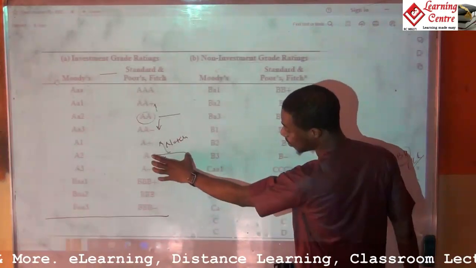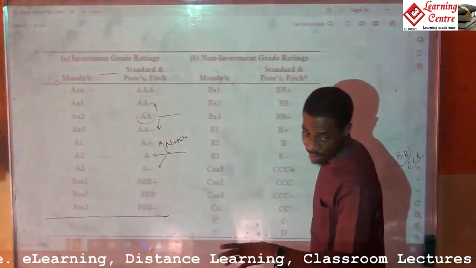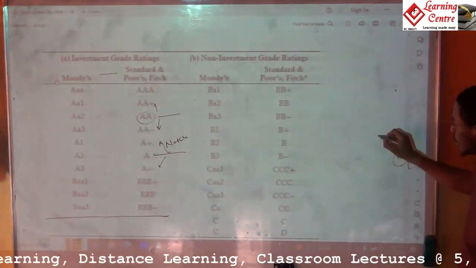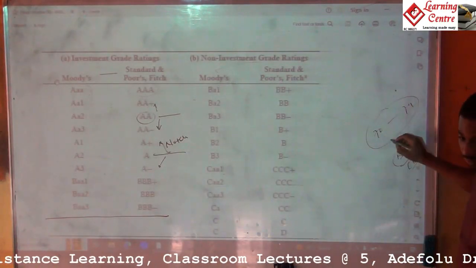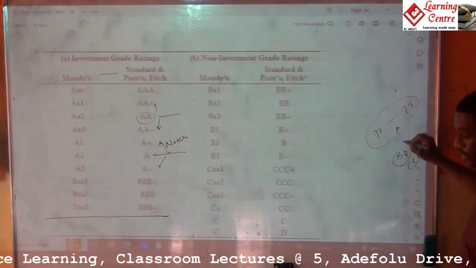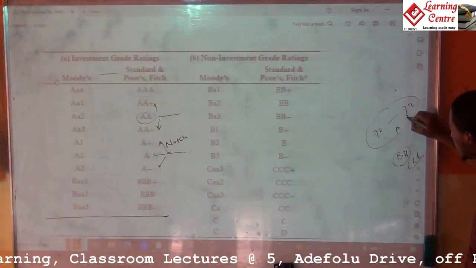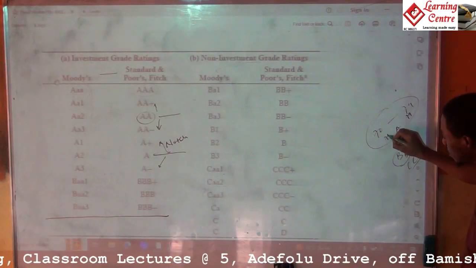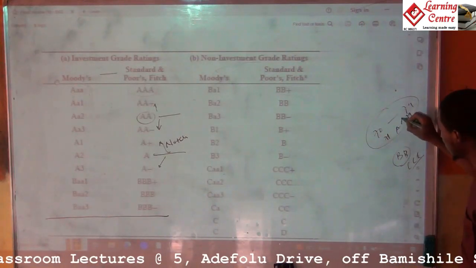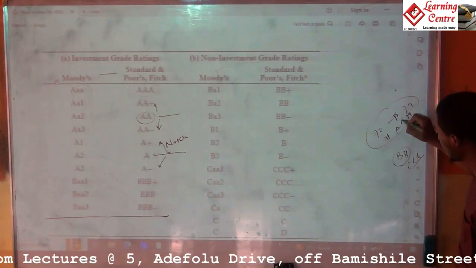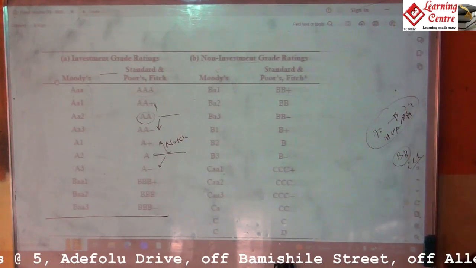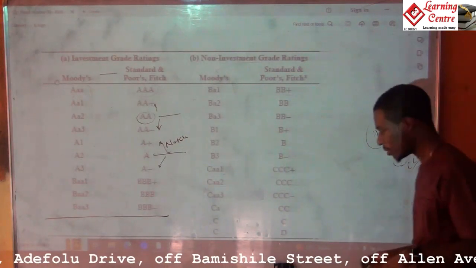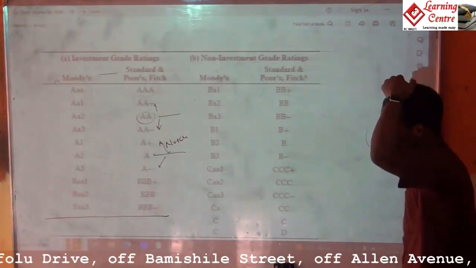Say I have 40 companies that qualify as double A, on a scale of 70 to 79. Everybody in this range qualifies, but I don't want to put someone at 79 the same way as someone at 71. So I notch it and say if you pass 75, I'll put you A plus. If you are below 75, A minus. That's how that works.